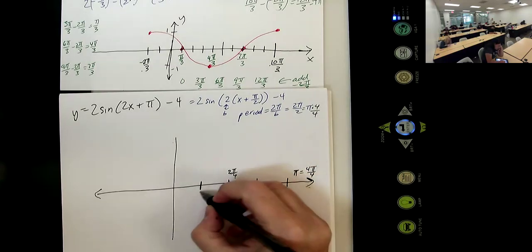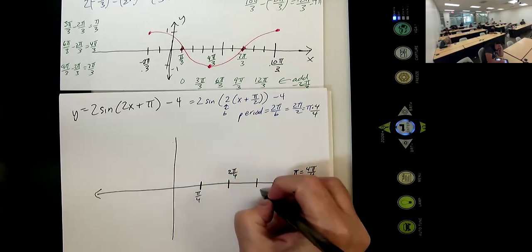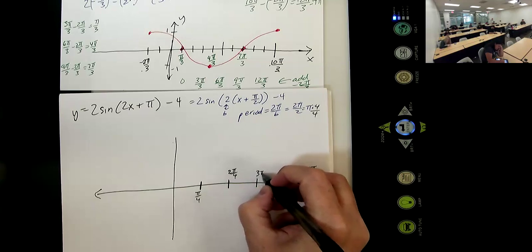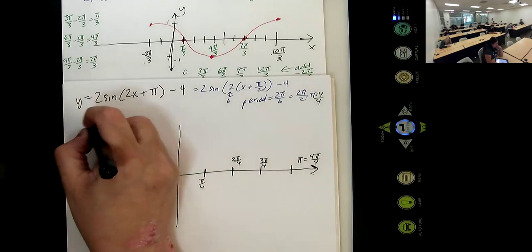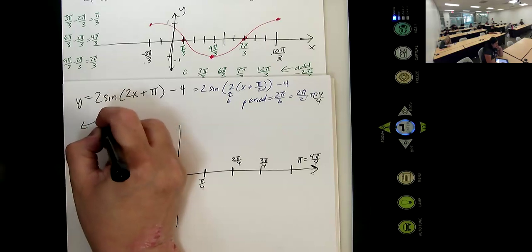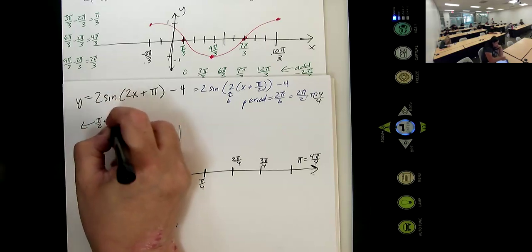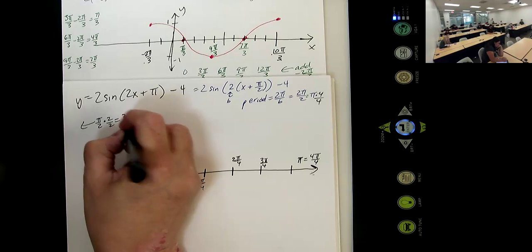2 pi over 4, pi over 4, 3 pi over 4. And I'll be shifting left pi over 2. And to make it so I get a common denominator, I'm shifting left 2 pi over 4.